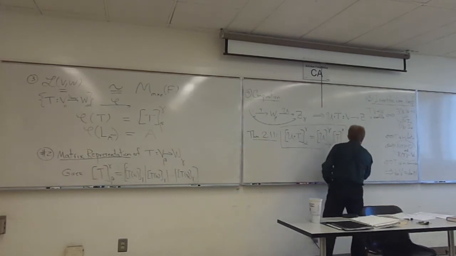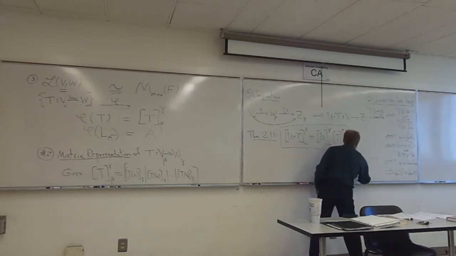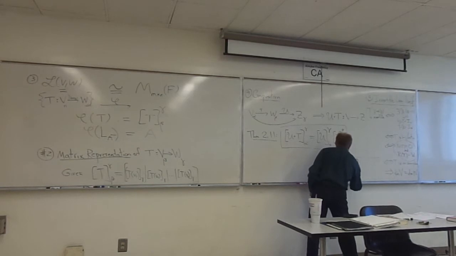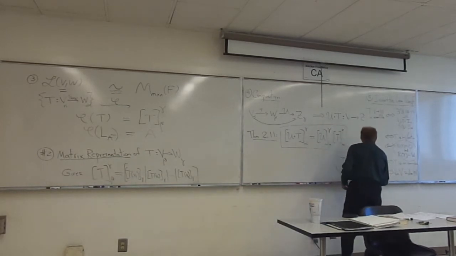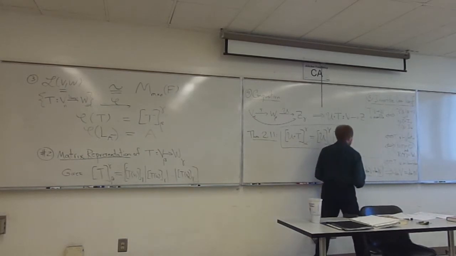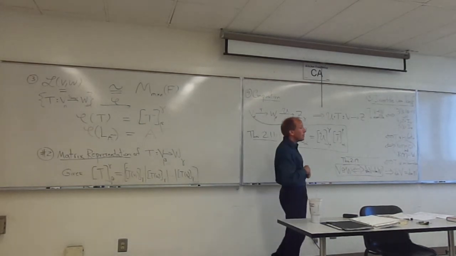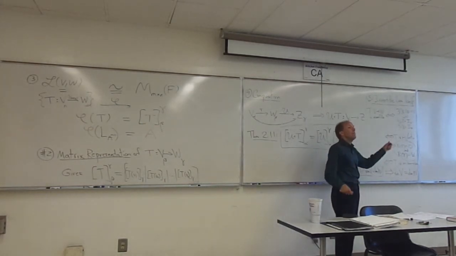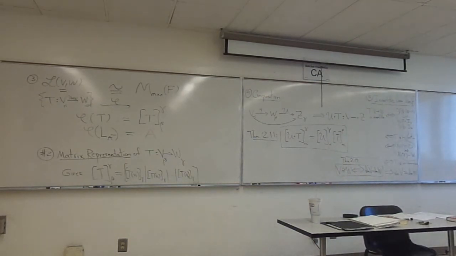And then final thing here is that this is theorem 2.19, that two spaces V and W are isomorphic if and only if they have the same dimension. So they have to have the same dimension for that to be true. Now, just because they have the same dimension, though, doesn't mean that every possible transformation will be an isomorphism.